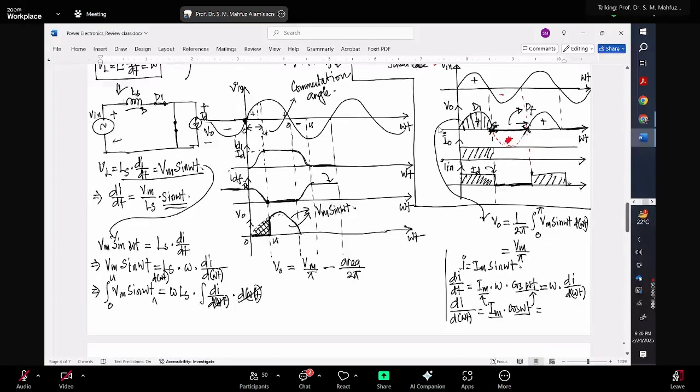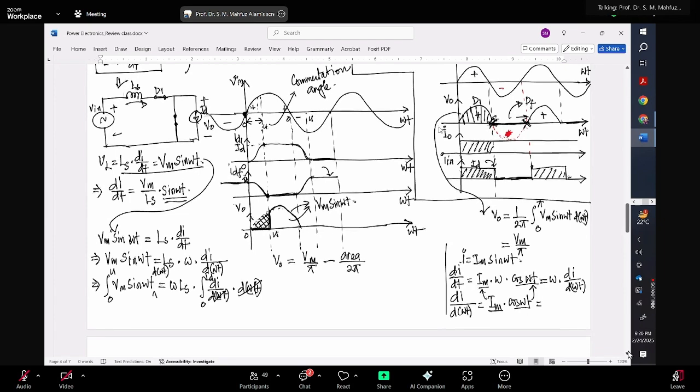So it is only the change of current, right? How is the inductance current changing during the commutation time? From 0 to what final value? ID, right? So it is changing from 0 to ID.